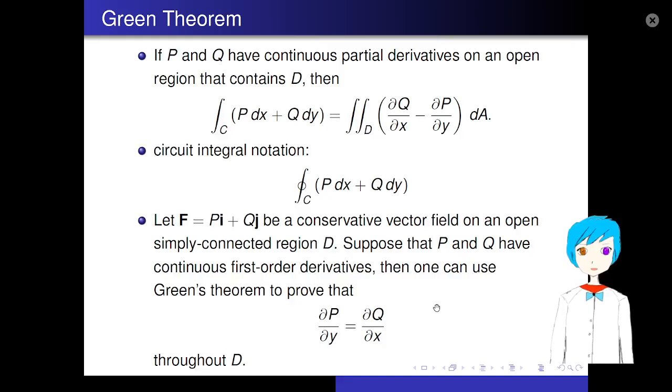Then we talk about Green's theorem. Green's theorem states that for two functions P and Q, if they have continuous partial derivatives on an open region that contains the domain D, where D is a domain enclosed by a closed curve C, then the line integral over the closed path C of P dx plus Q dy equals the double integral over D of partial Q partial x minus partial P partial y.